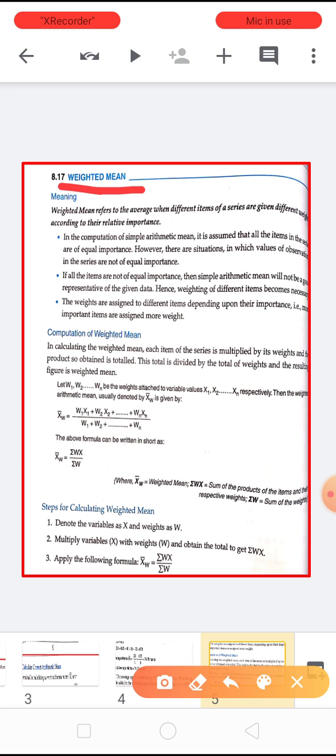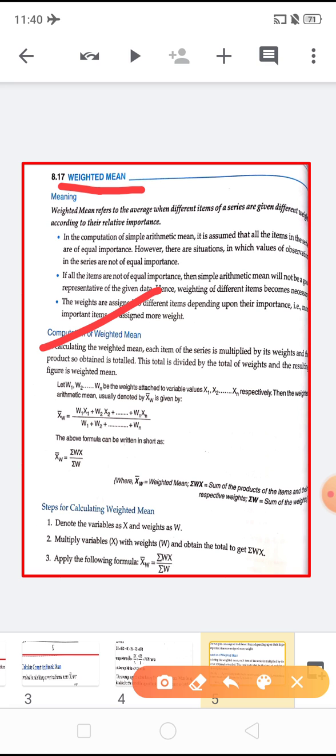How do we calculate it? In calculating the weighted arithmetic mean, each item of the series is multiplied by its weight, and the products so obtained are totaled. This total is divided by the total of weights, and the resulting figure is the weighted mean.